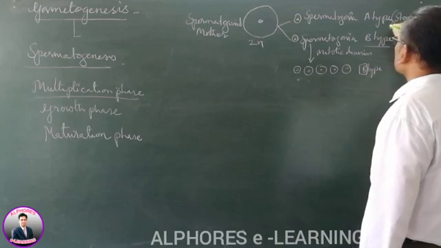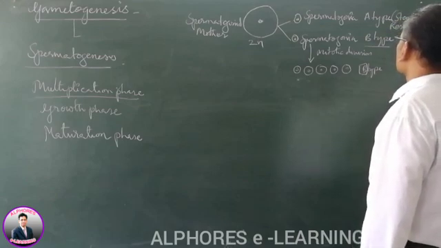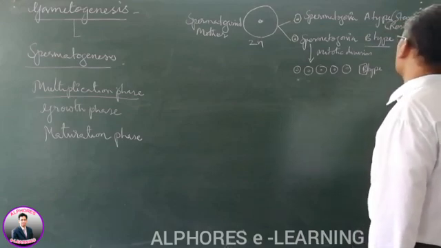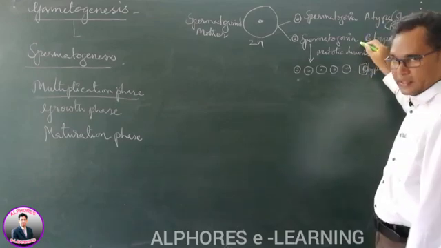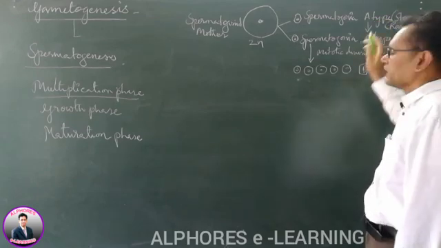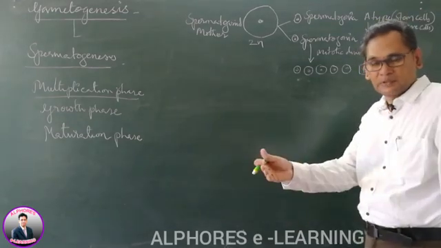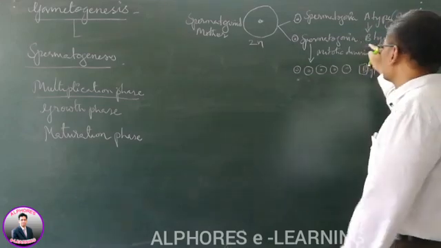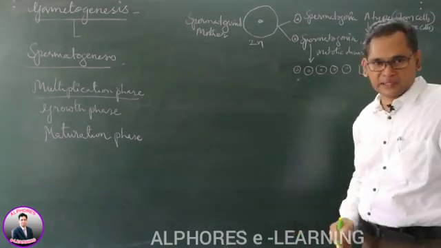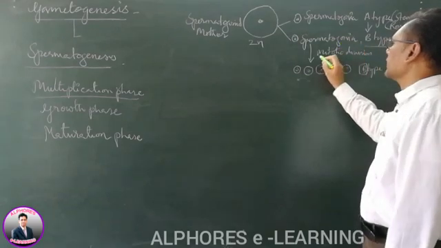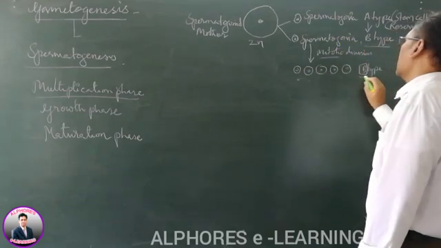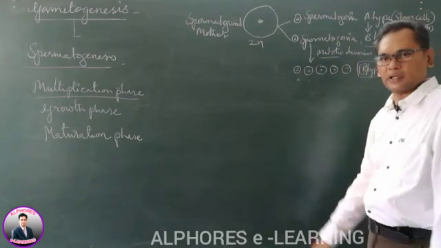Whenever required, the A type undergo division to produce B type. B type then undergo mitotic division to produce a large number of B type spermatogonia.